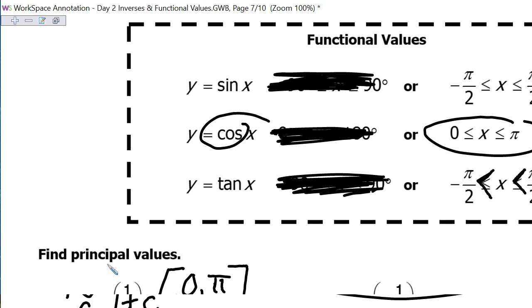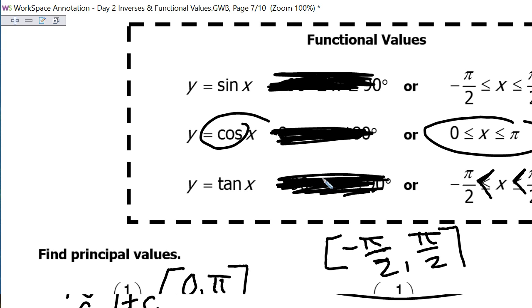But if we're talking about sine, like in number 11, sine is functional from negative pi over 2 to positive pi over 2, inclusive. Now, what does that actually mean? Negative pi over 2 would be down here.